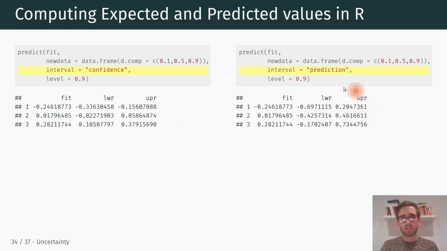And here we're looking at the 90% prediction interval, which in addition to this estimation uncertainty takes into account the fundamental uncertainty, so the prediction error, this epsilon, the variance of the error term in our individual predictions.